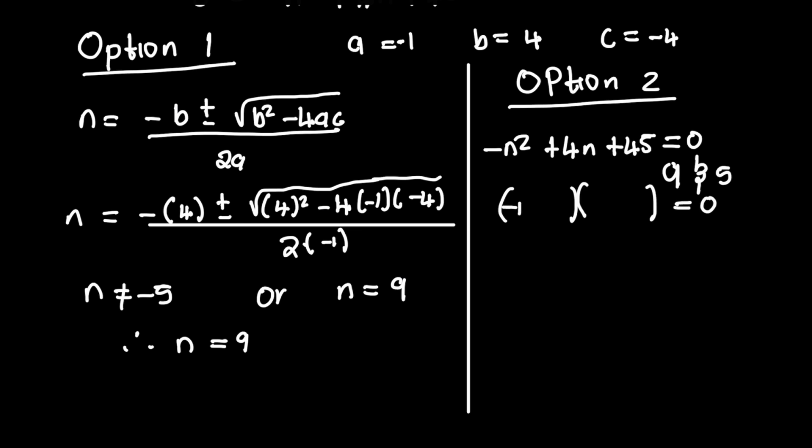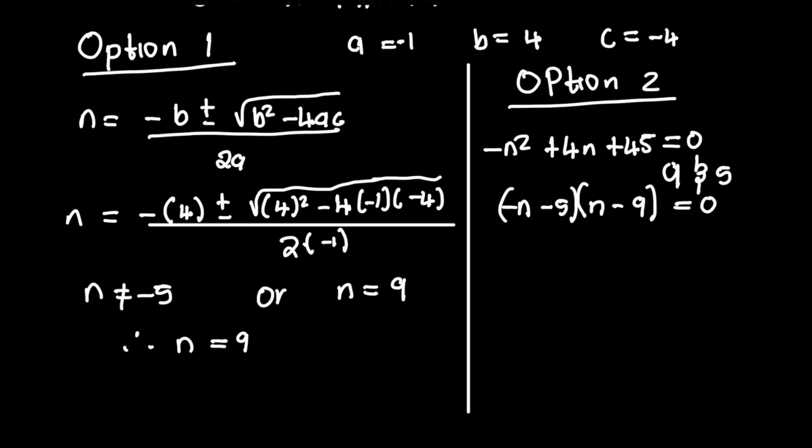We're going to factorize. It's going to be negative n and n, negative 9 and 5. You can try to multiply that out to see if you get the equation above, and if you do, that means you're on the right track.